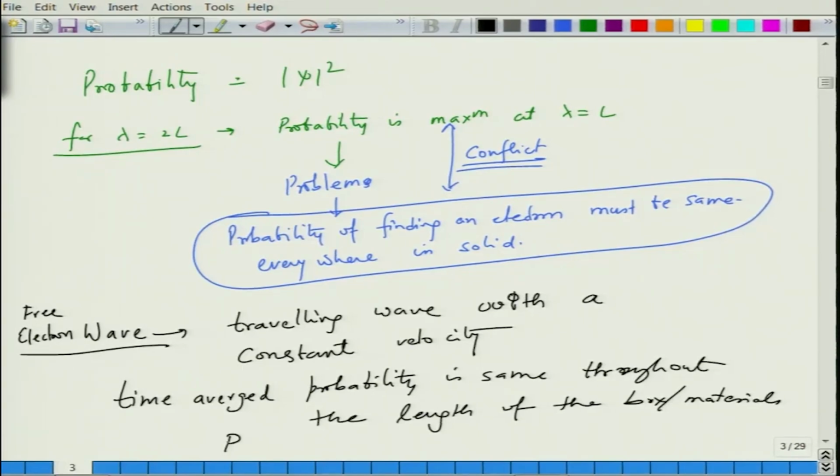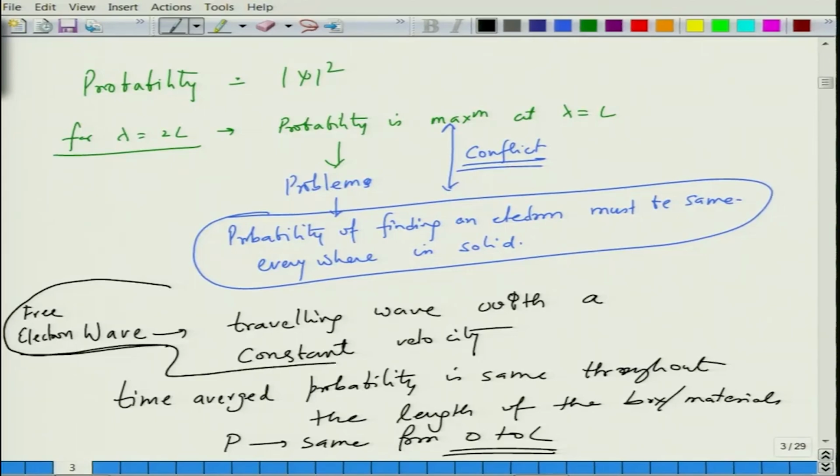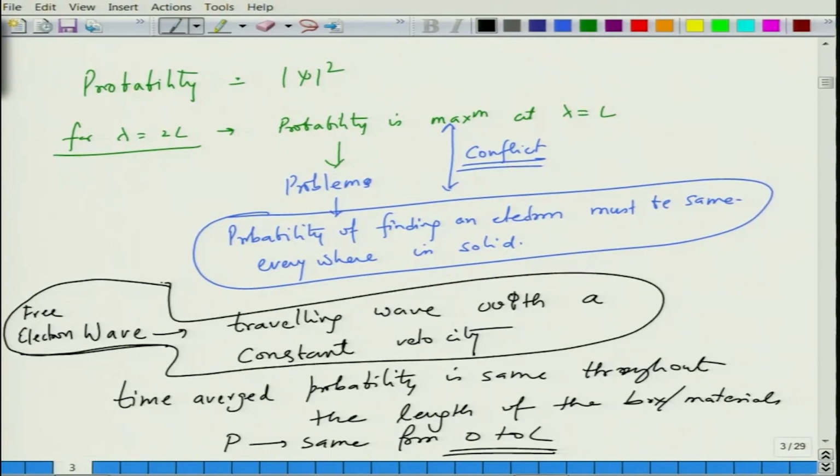So the probability is the same from 0 to L. This conflict is resolved by assuming the electron wave as a travelling wave with a constant velocity.